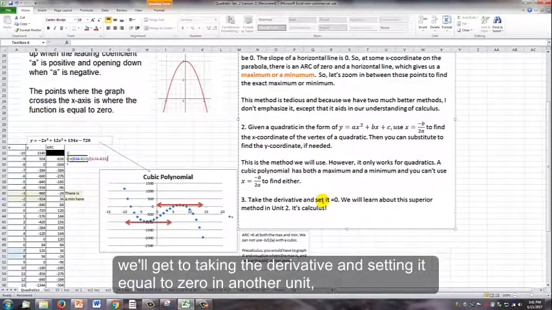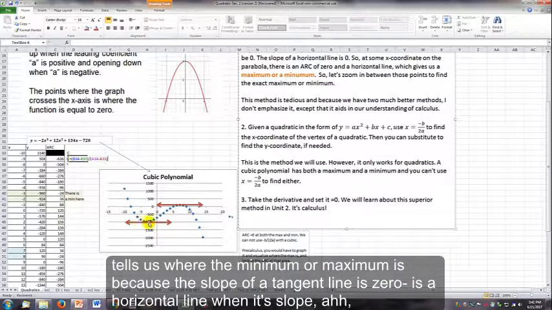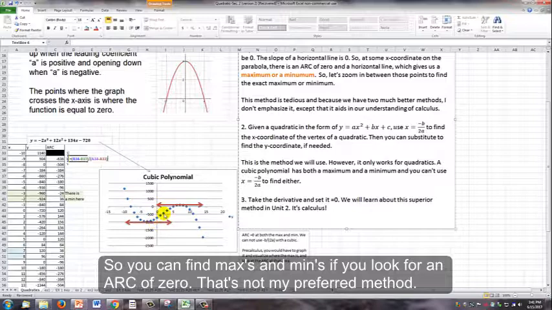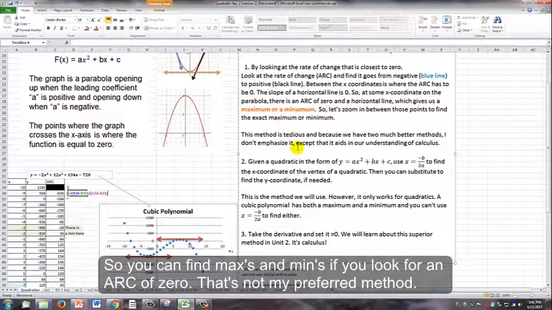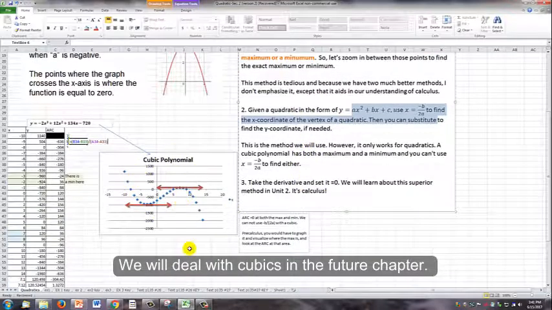And we will get to taking the derivative and setting it equal to 0 in another unit, but we need to remember that the reason the arc being 0 tells us where the minimum or the maximum is is because the slope of a tangent line is 0 when the tangent line is horizontal. So you can find maxes and mins if you look for the arc of 0. That's not my preferred method. I would use the negative b over 2a method for quadratics. We will deal with cubics in a future chapter.